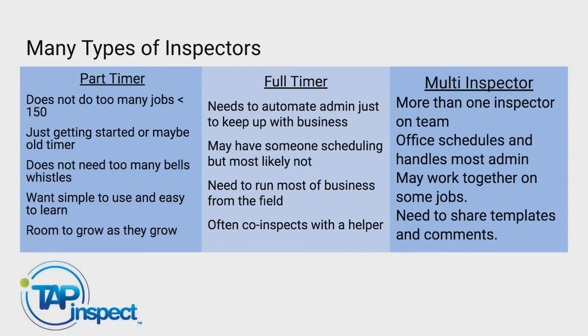And even the full-timers right in the middle that really have a great business going, but they're not really small and they're not really big. Everyone has different pain points and problems that they have to solve running that size of an organization. But also, everyone has the exact same issues that they want to address in the way that they're doing their reports. And that's what I think we're going to be able to address right now.